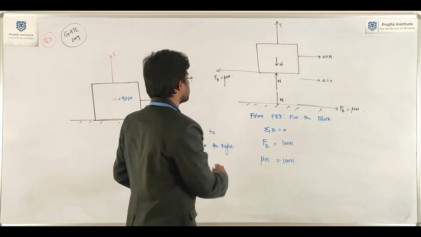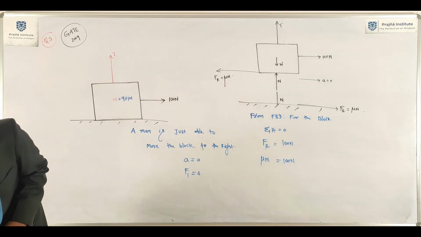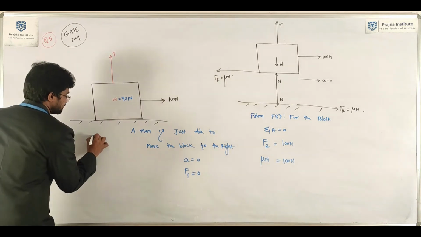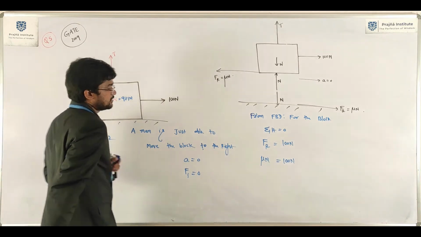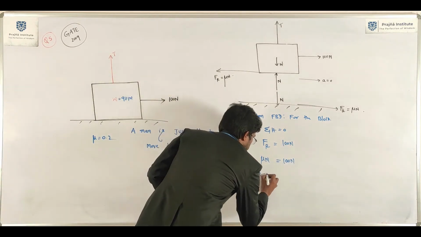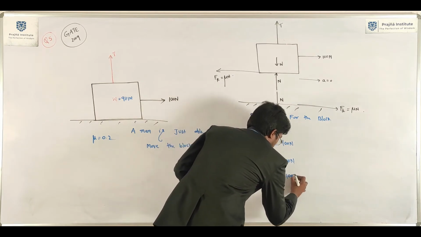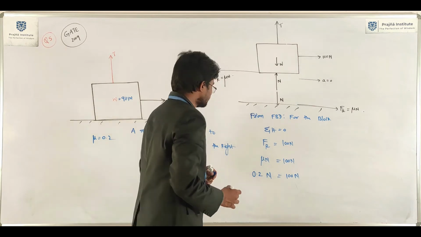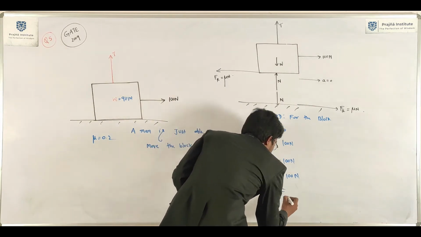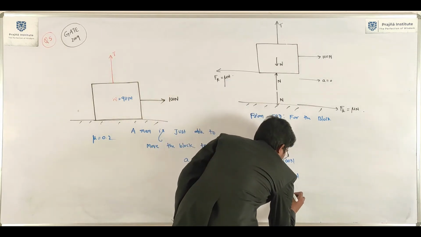Mu equals 0.2 is given. So 0.2 N equals 100 Newton. N equals 500 Newton.